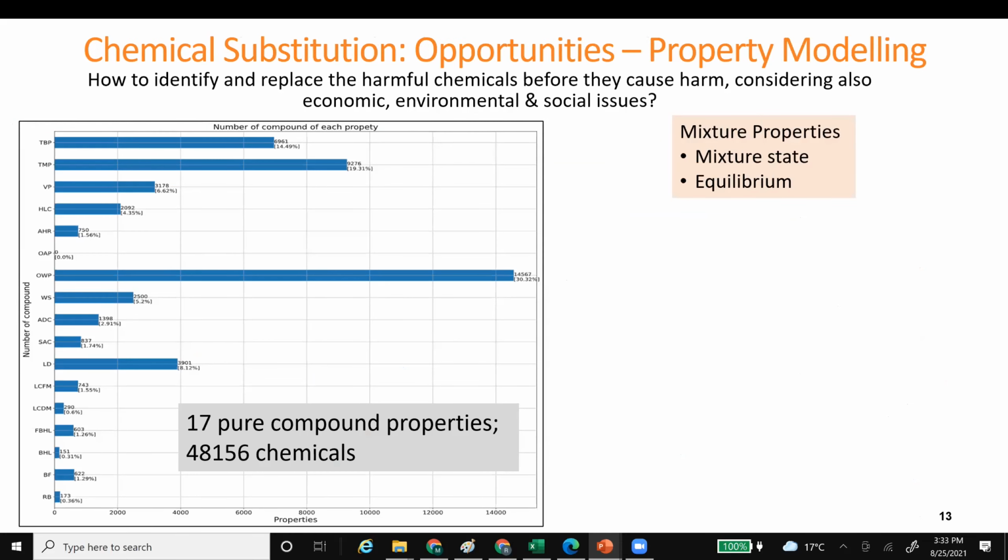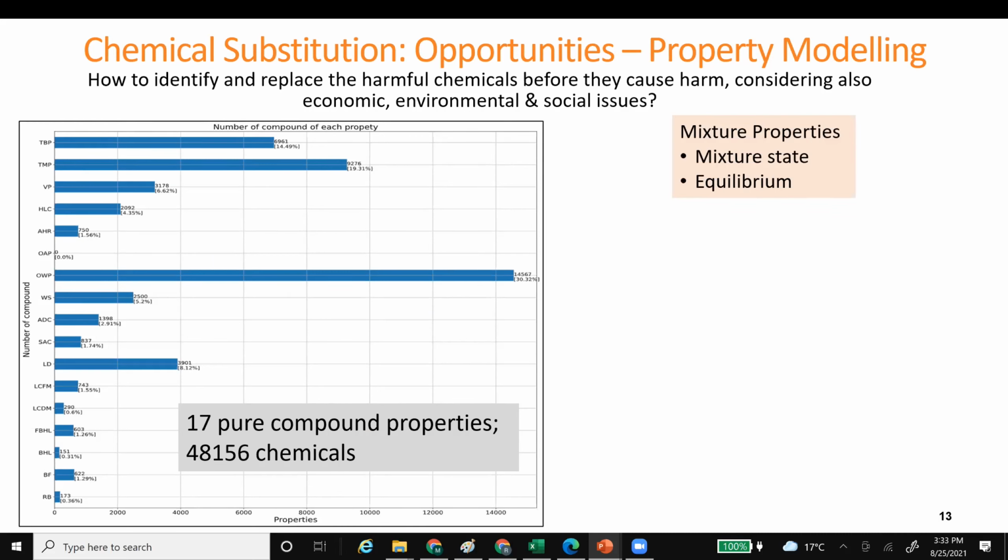Now let's look at the question of the gaps in the properties. We had around 48,000 chemicals for which we have 17 of the primary properties. At this moment we have 25 primary properties, and the number of chemicals has increased to more than 48,000. But let's take this one. You can see that the one that has the most data is the octanol water partition coefficient.